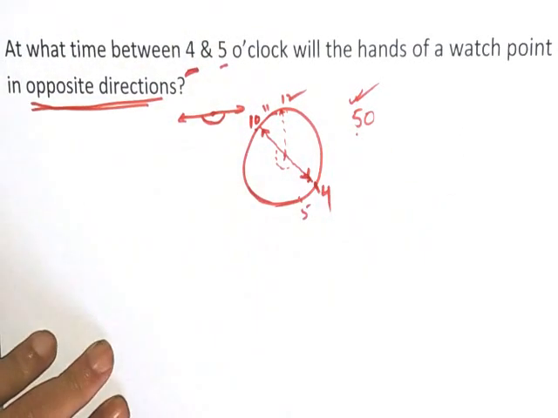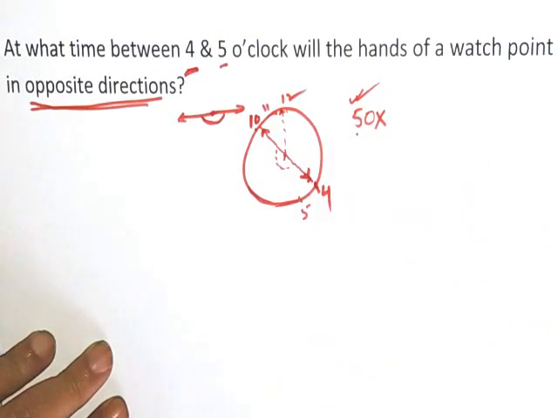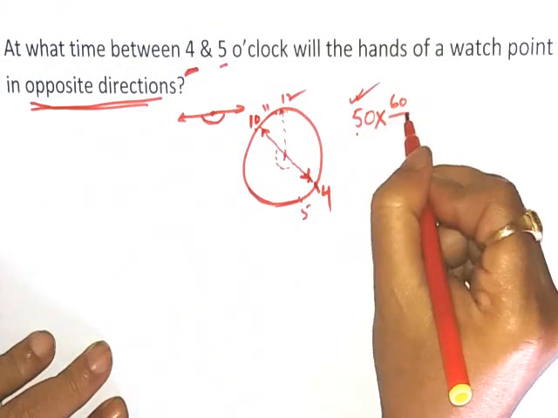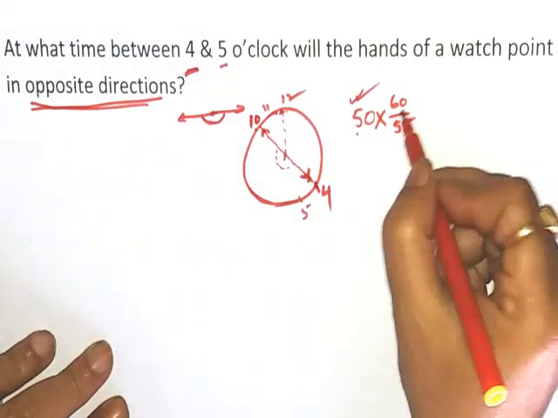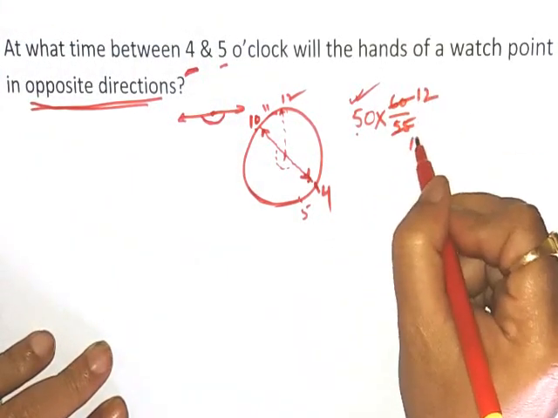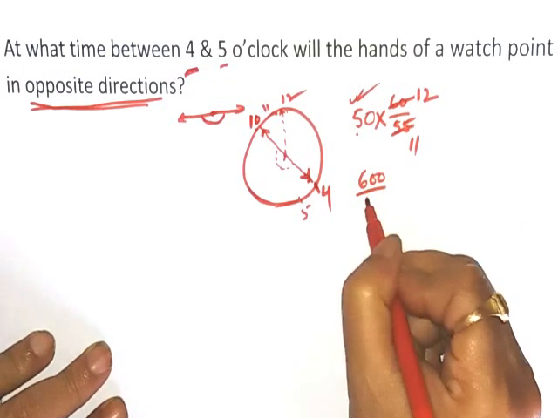This is the 50 minutes, and we will multiply it with a fixed number. And which one is the fixed number? 60 upon 55. That means we can divide it by 5. That means it's 12 and 11. That means 600 upon 11.